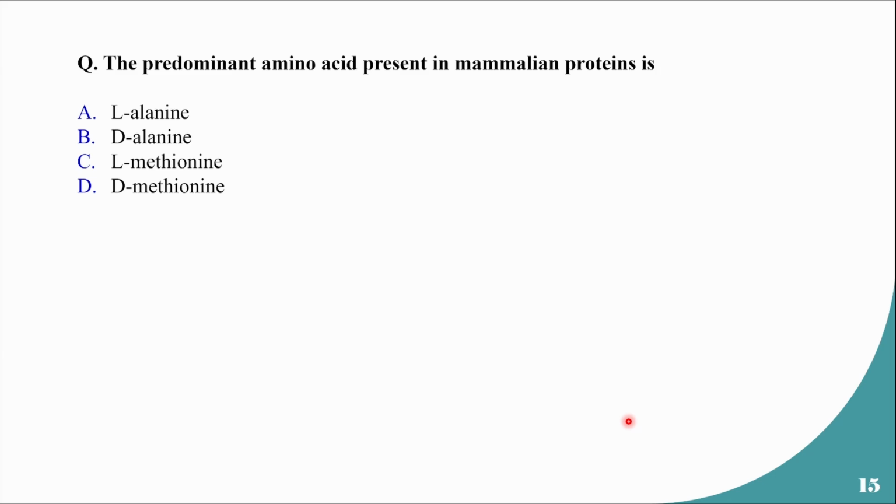If you have a question, you can unmute yourself, and then we'll look at the answer to this question. Okay. So which amino acid is present predominantly in mammalian proteins? Try to answer in the chat. Let me look at it.